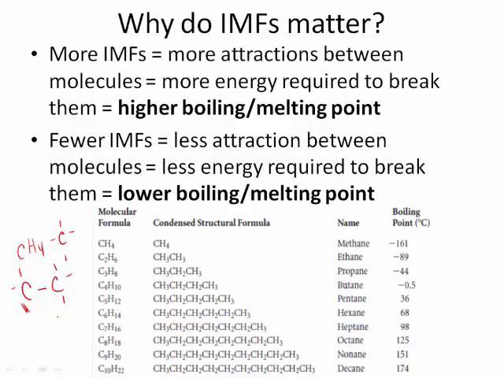Notice that we have longer chains here, and the longer the chains, notice the higher boiling point, and that's because you're going to have more intermolecular forces between the molecules.